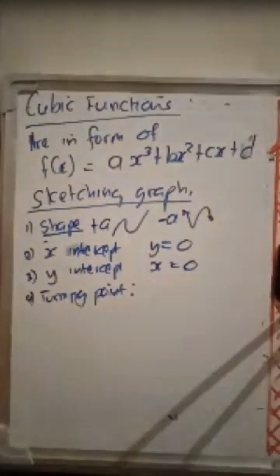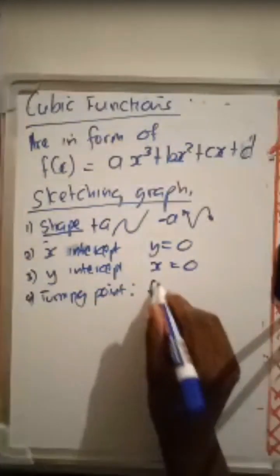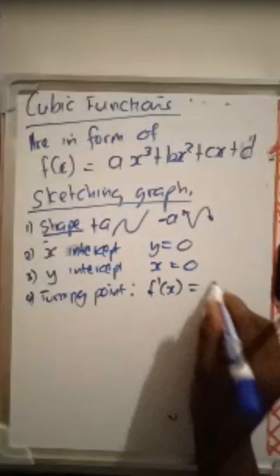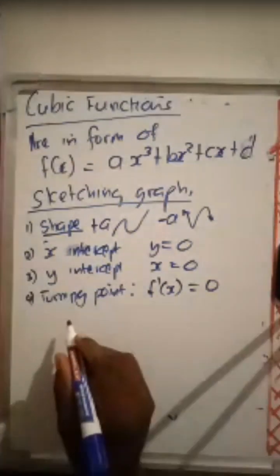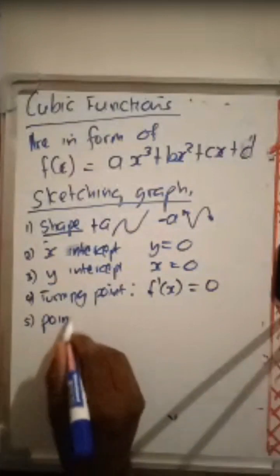That is where the application of differentiation comes from. You find the first derivative, then equate it to 0, and you get what we call the stationary points. Then we also need number 5, the point of inflection.